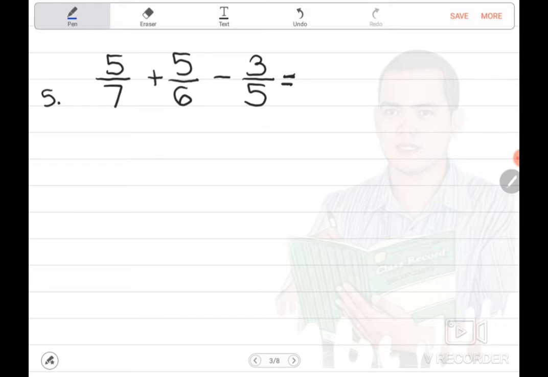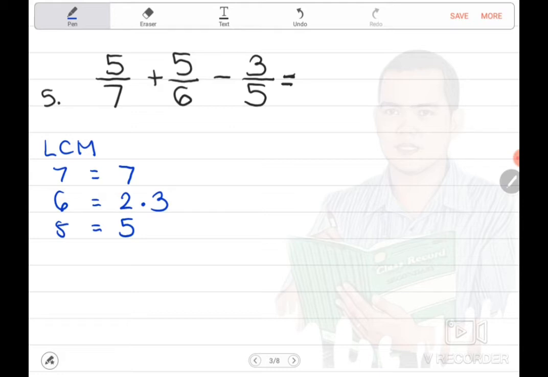Let us try to solve for the LCM of 7, 6, and 5 using prime factorization. So 7 is a prime number, so there are no other factors except 7 and 1. As for 6, that is 2 and 3. Then 5 is a prime number. In our example, we don't have common factors.